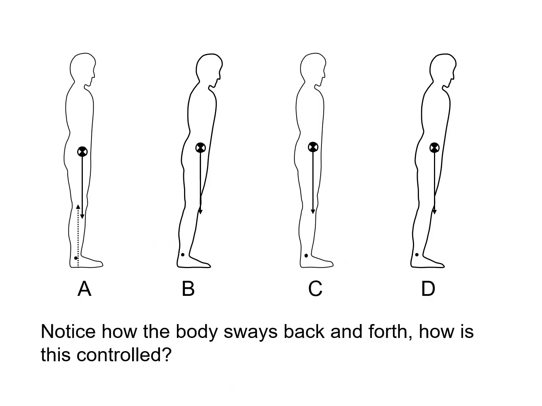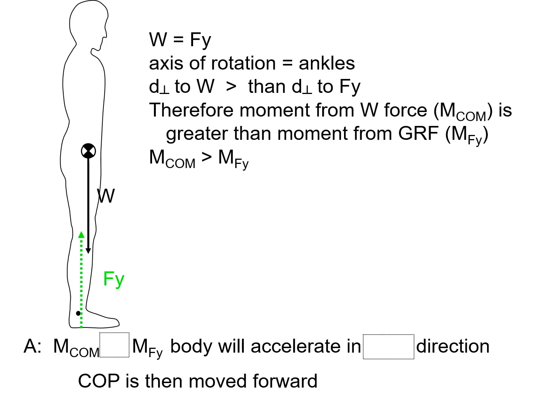So let's look at how a body sways back and forth and how this is controlled, okay? We'll say that once again, our weight is our vertical force here, and our axis of rotation is at our ankles, and our lever arm for our weight is greater than the lever arm for our normal vertical force.